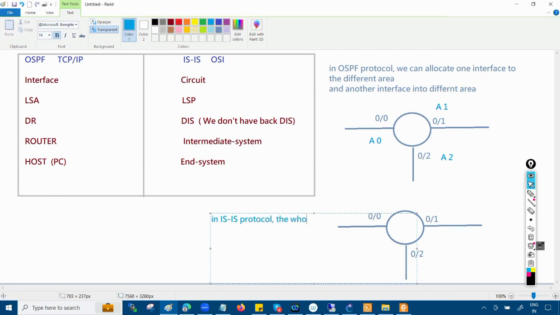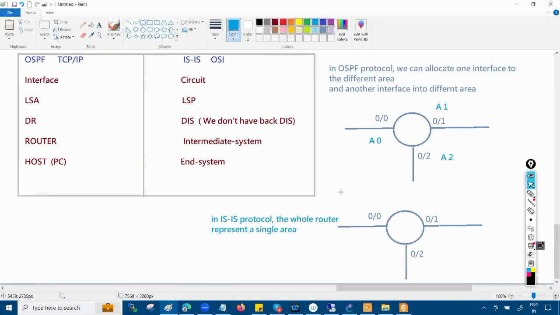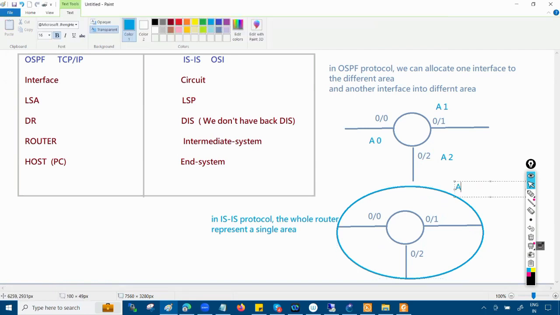the whole router represents a single area. Whole router means what? The complete router, doesn't matter how many interfaces we have, is all part of area 0 or area number 1.